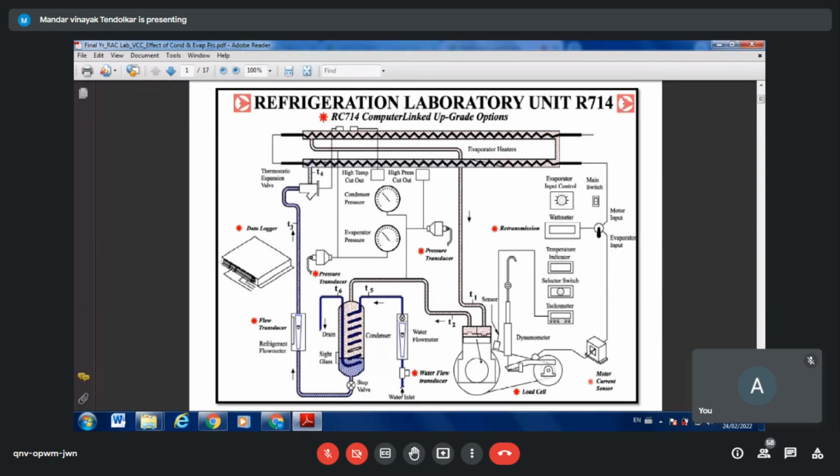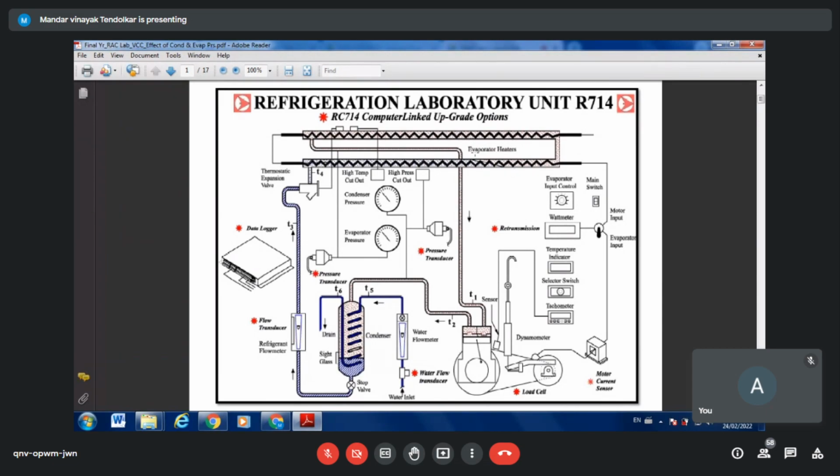Now how do you change the pressures, evaporator and condenser? For that, this evaporator, can you see the cursor moving here? Yes, sir. We can see. So this is my evaporator, correct? DC heater is fitted.